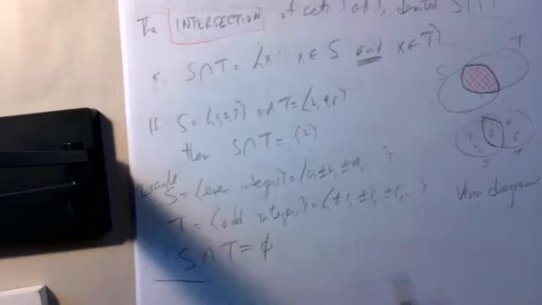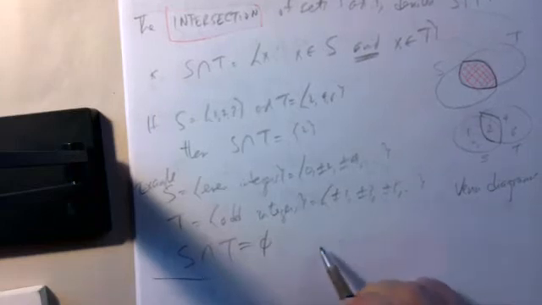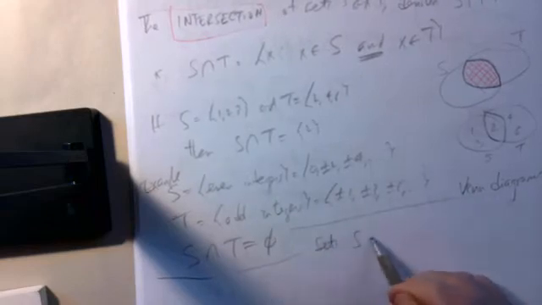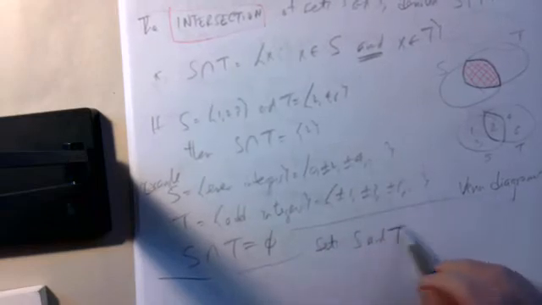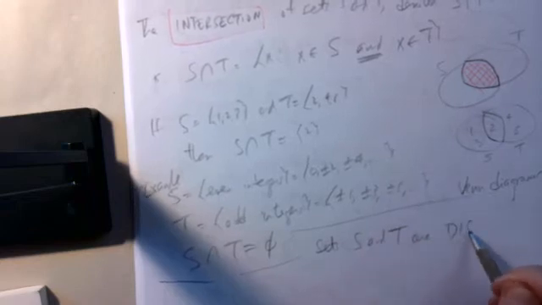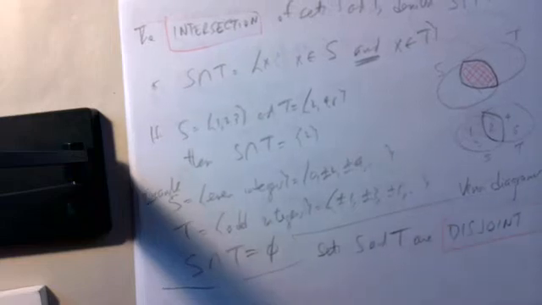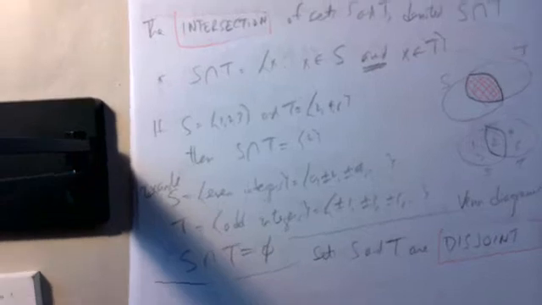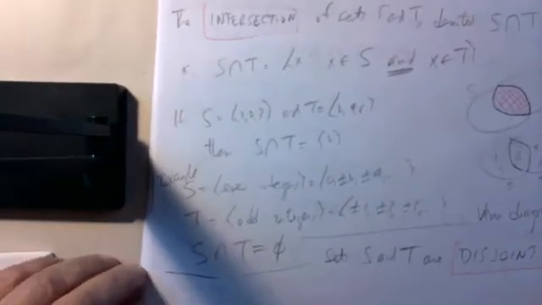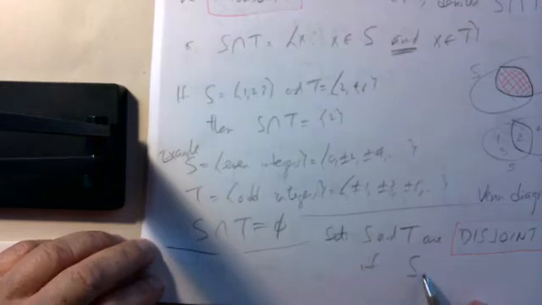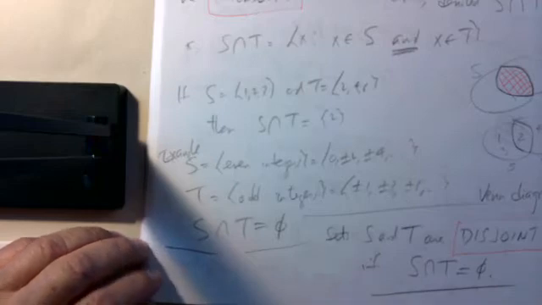And we say, this is one more word, sets S and T are called disjoint if the intersection is empty.